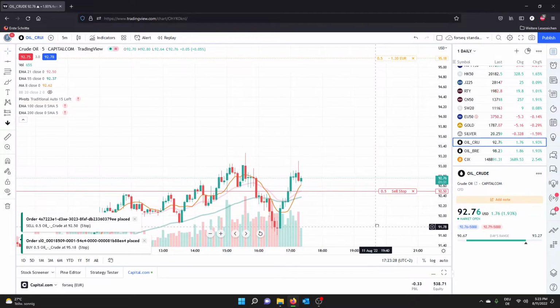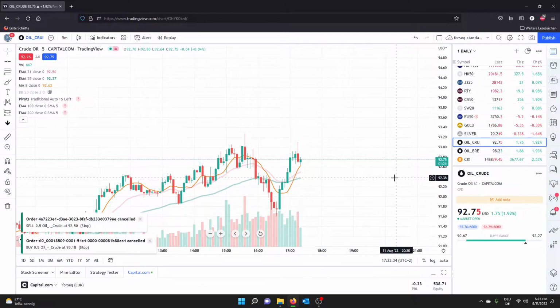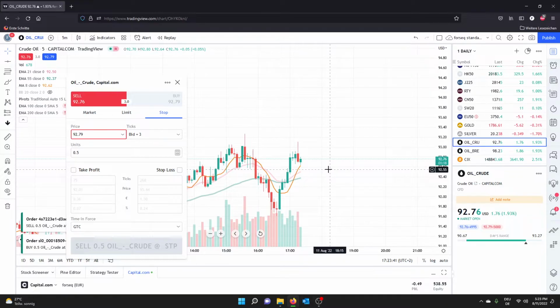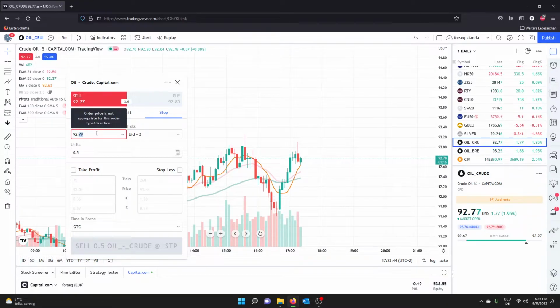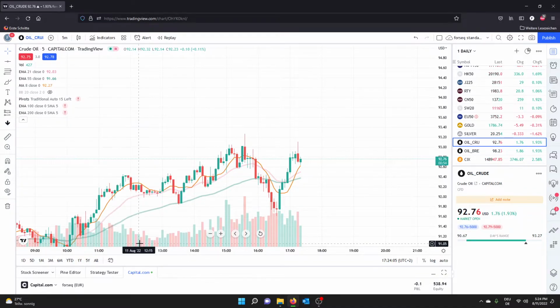Where's my, no, sorry, this was not what I intended to do. Stop 92.55, and our stop loss will be at 93.2 maybe, and we will trade, I think we could trade 2 units.